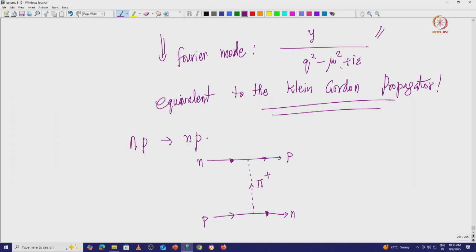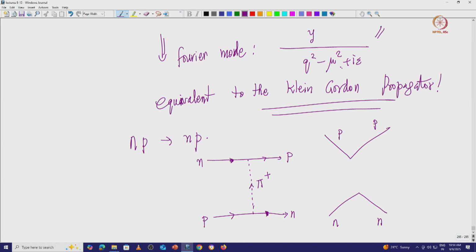So the neutron can get converted into a proton by exchanging a pion. Then there can also be neutron neutron exchanging a pi 0 to a neutron neutron, say for example.